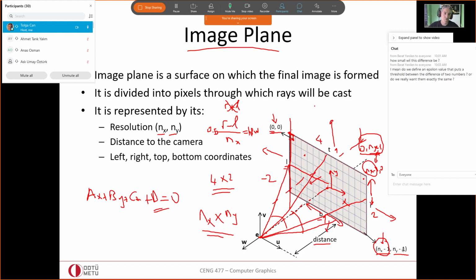For example, if your image window width is 4 and you want to put 1000 pixels here, it's still going to be 4 divided by 1000, which is still larger than 0.0001. So it's going to be 0.004.